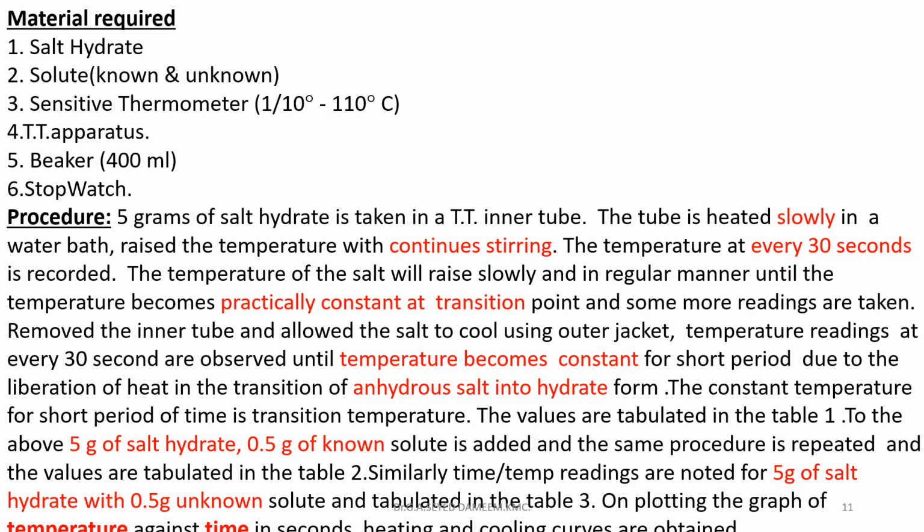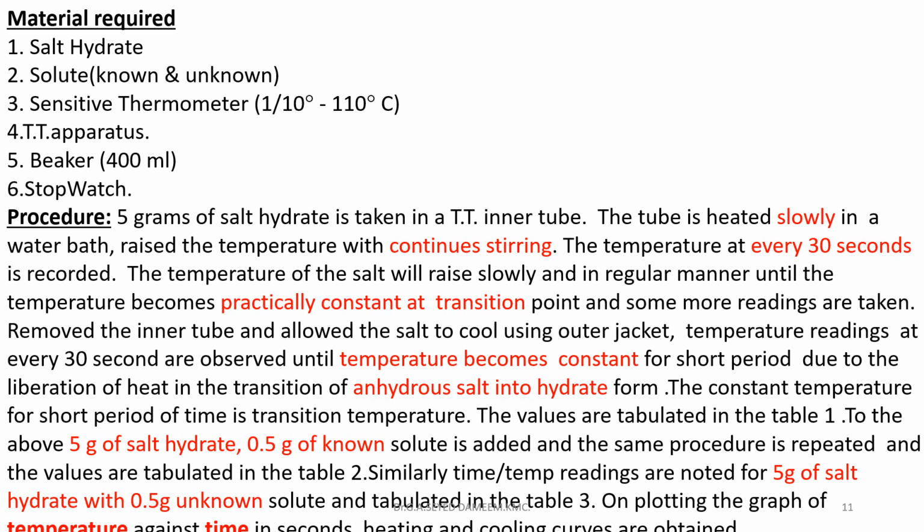Afterwards, the inner jacket is removed from the water bath and allowed to cool using the outer jacket, and the temperature readings are taken at every 30 seconds until the temperature becomes constant for a short period of time due to the liberation of heat in the transition of anhydrous salt into hydrate form. And here the constant temperature for a short period of time is the transition temperature.